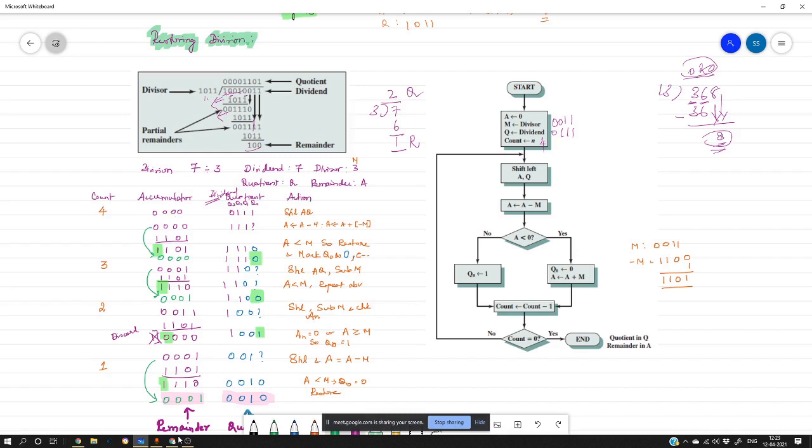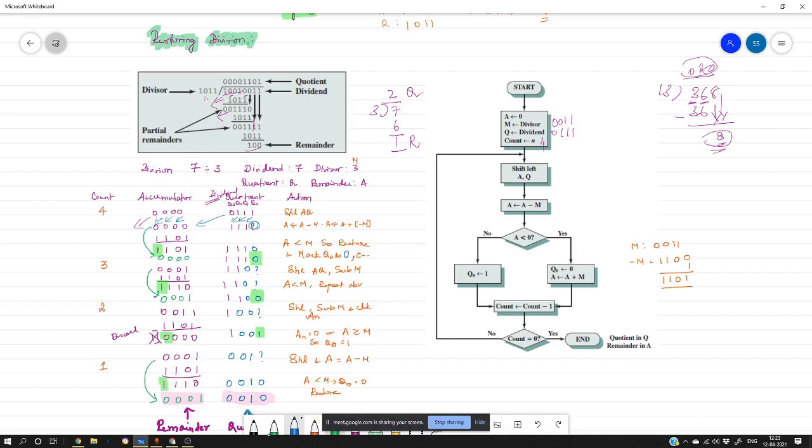So I've just shifted the values here. This 0 has gone out, so 0, 0, 0, this 0 has come here. I'm shifting every bit 1 position left, and this one has come here, and this is maintained blank.